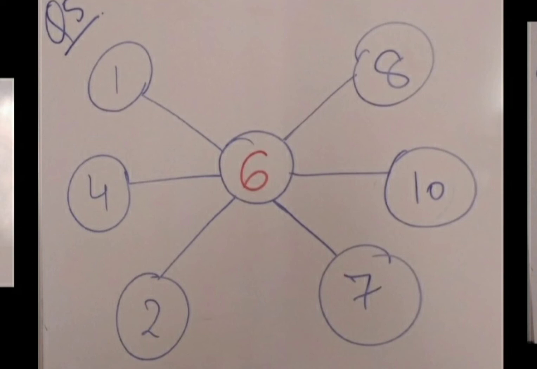When we subtract the smaller numbers from the larger ones, we get 6 in all the cases. For example, 8 minus 2 will produce 6, 7 minus 1 will produce 6, and 10 minus 4 will also produce 6. So these are the kind of patterns we need to find out to know the answer.